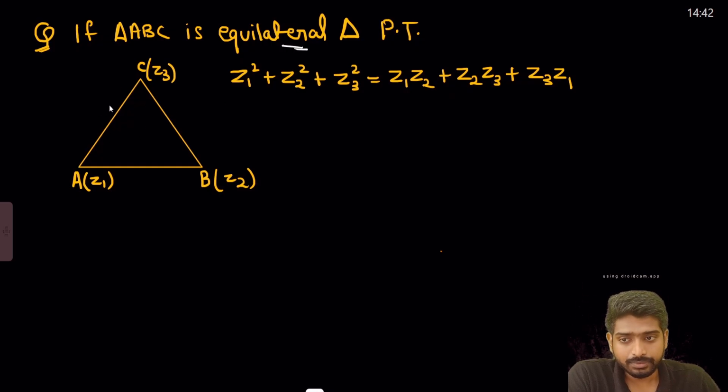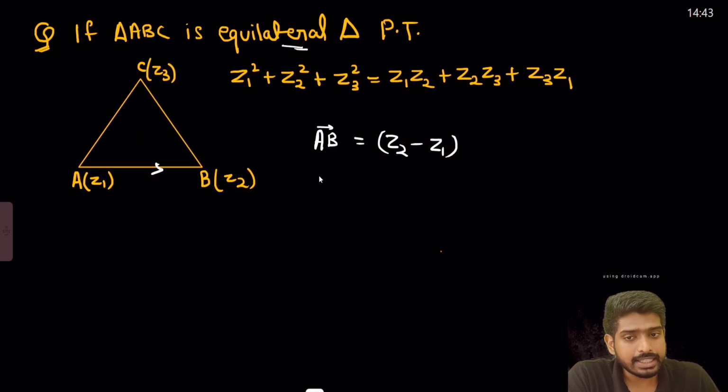See, I can write this vector, AB vector. What is AB vector? AB vector is this vector, which will be z2 minus z1, position vector of B minus position vector of A. Now next we can write this AC vector.